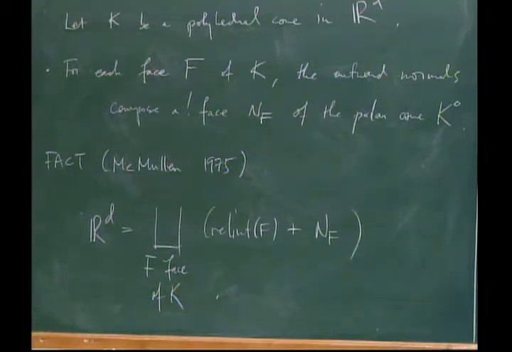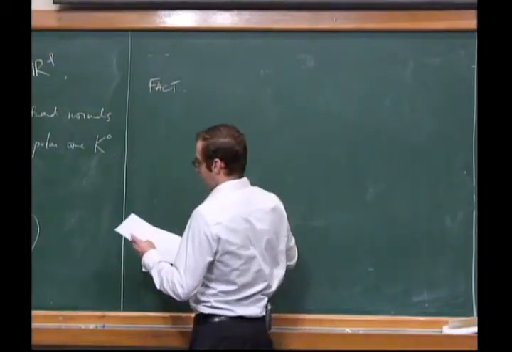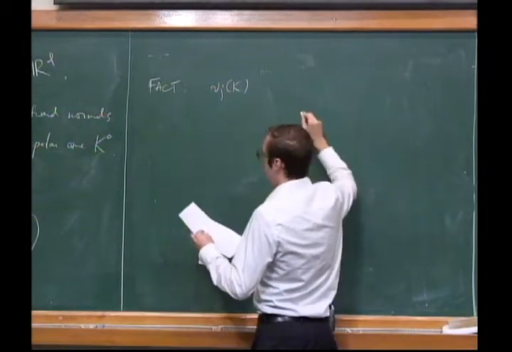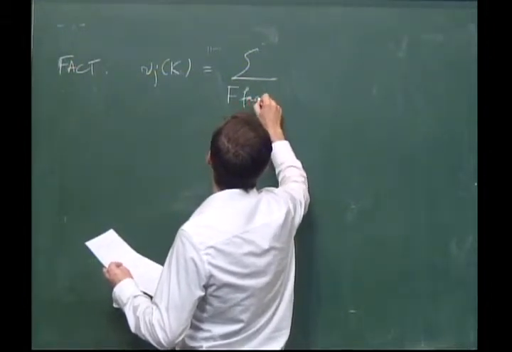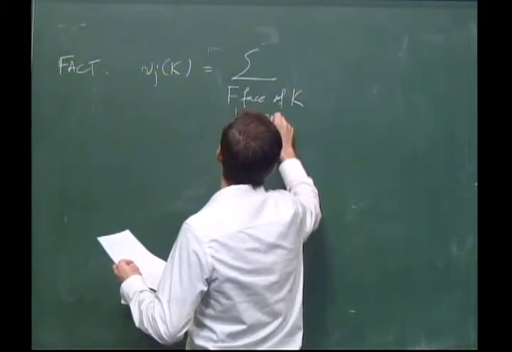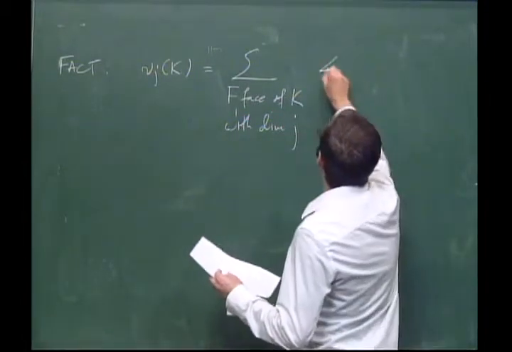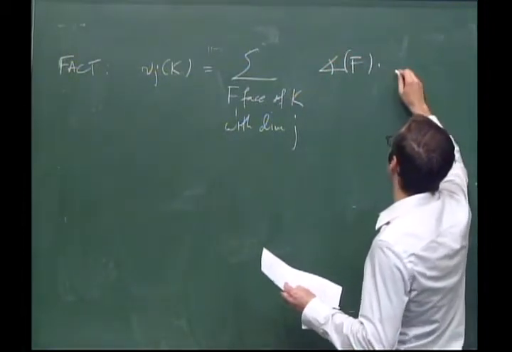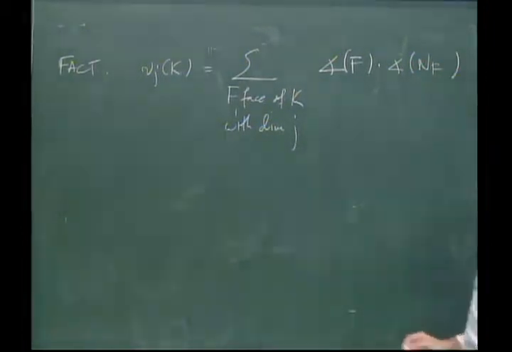And the second fact that you need is essentially another definition of intrinsic volumes, which is that the intrinsic volume v_j is the sum over faces of K with dimension j. On each face, you multiply the solid angle of the face with the solid angle of the normal face and add them up.